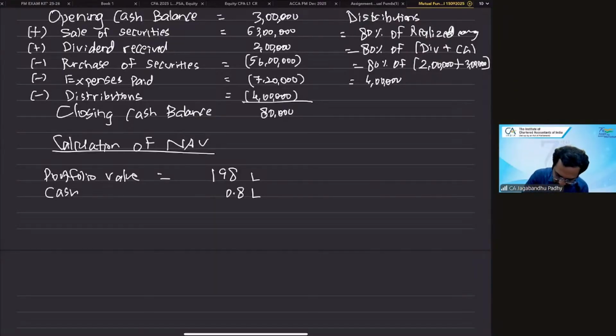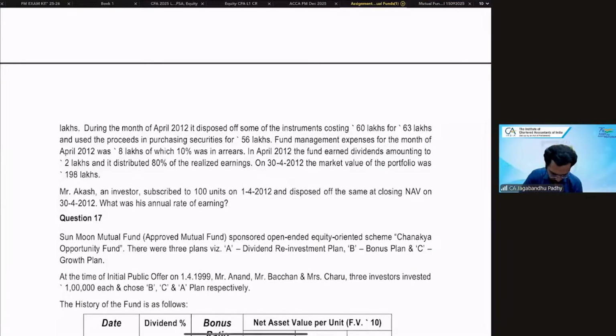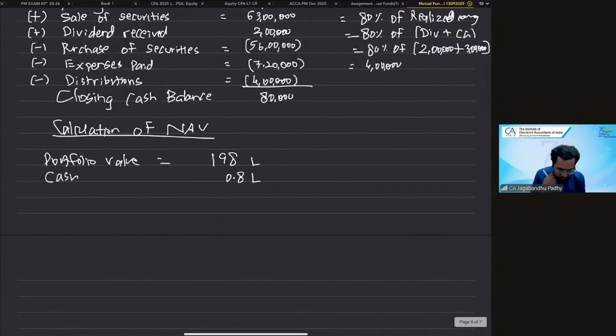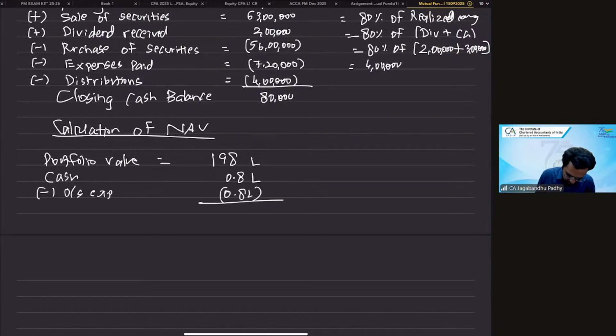No, everything has been received. So cash is 0.8, and then less outstanding expense. Outstanding expense will be 0.8 lakhs. So this is 198 lakhs.